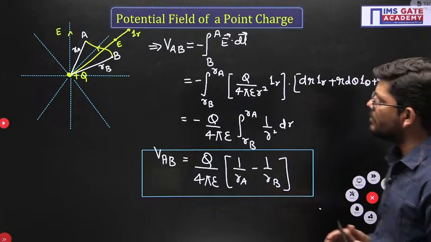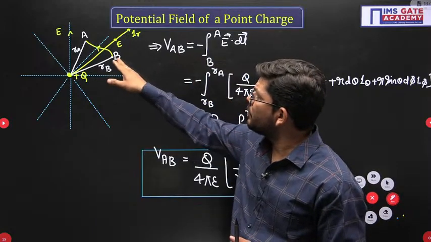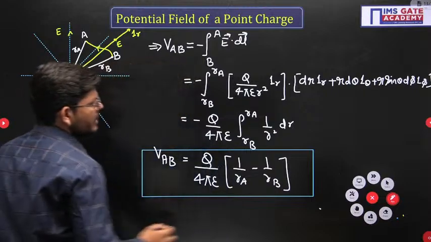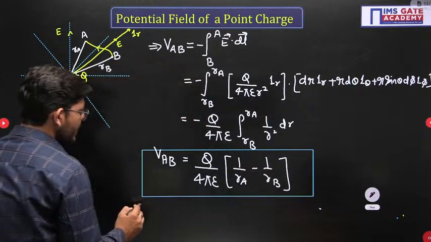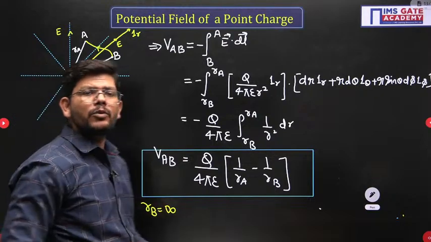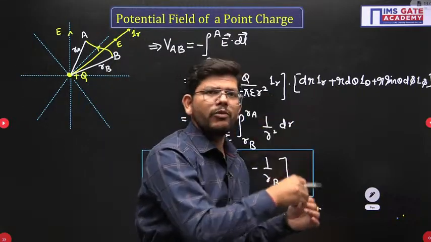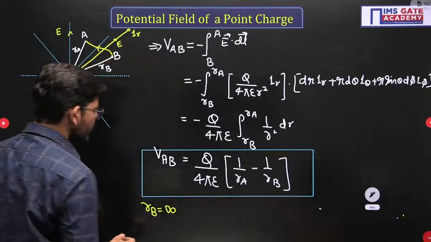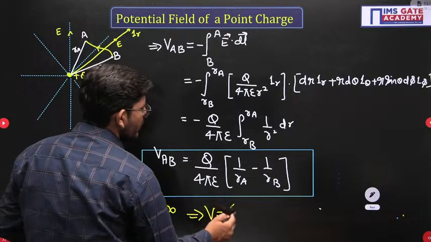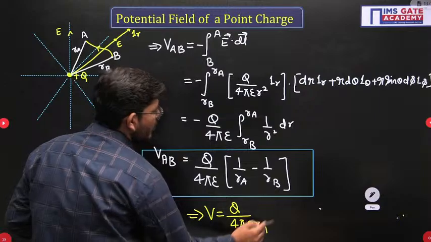Now in this case we are moving from one point to another point. Let's suppose point B is at infinity. Then rb will be infinite. So if we are coming from infinity into the influence of the electric field, in that case the potential will be q upon 4 pi epsilon ra only.